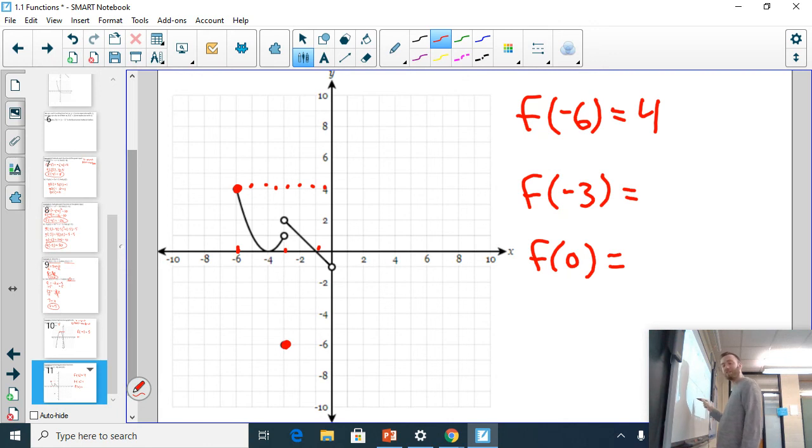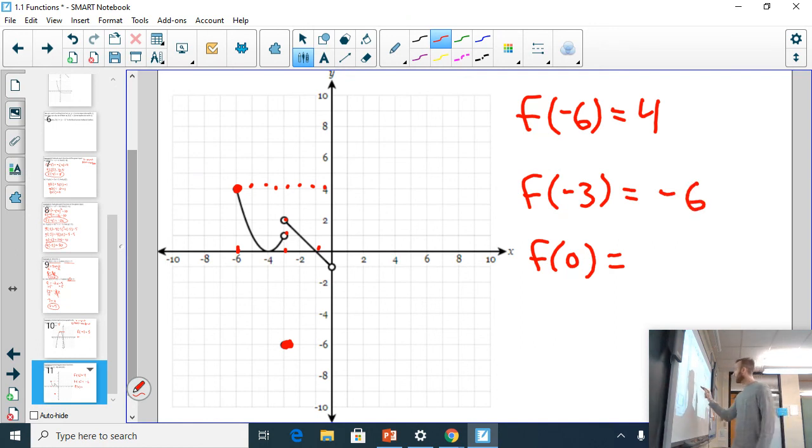So that's actually the value of a function for this piecewise function. They're called piecewise because they're kind of in pieces, right? We have this left piece and this right piece. And then it turns out right in the middle here, we have this dot down here. So f of negative 3 actually isn't defined there or there, but instead all the way down at negative 6.